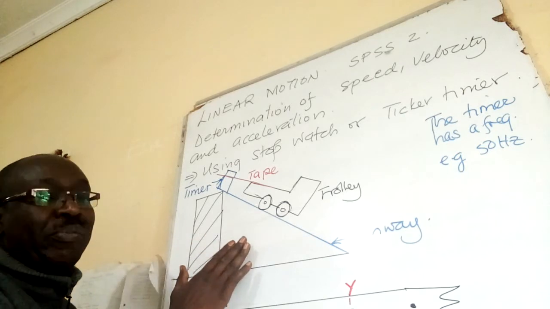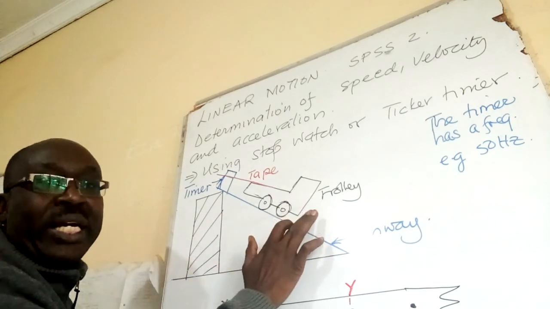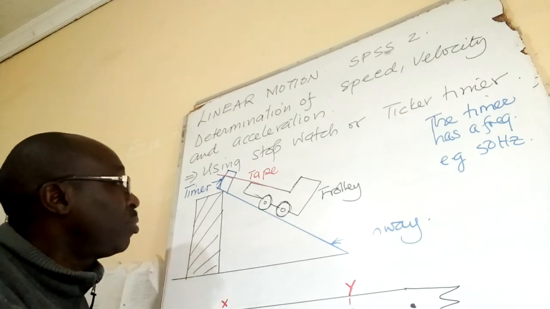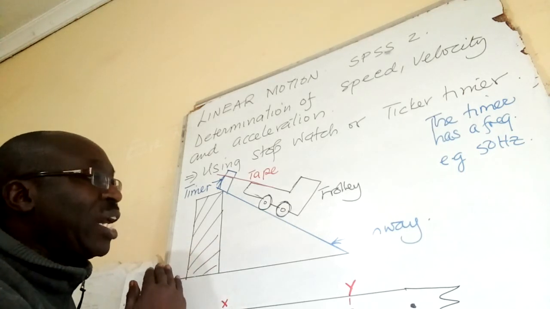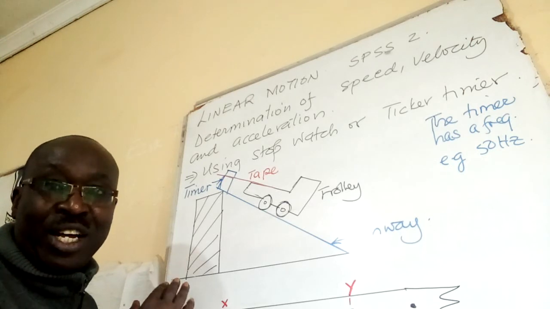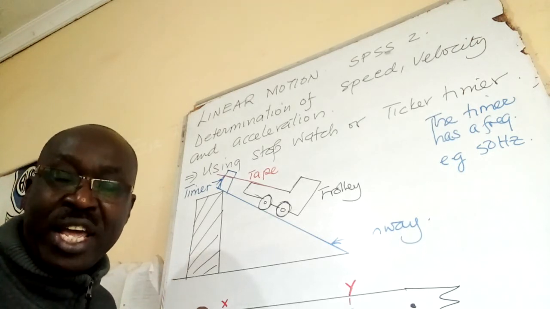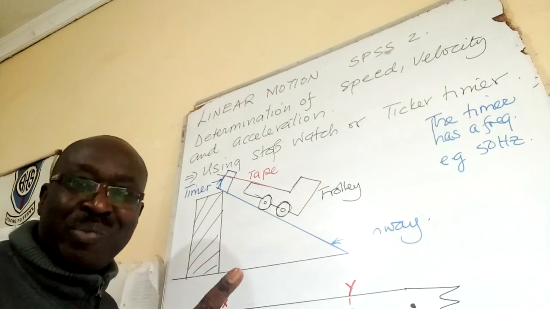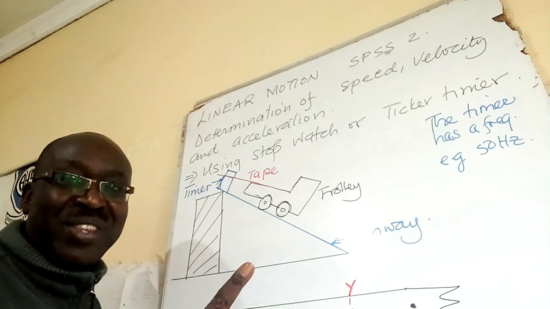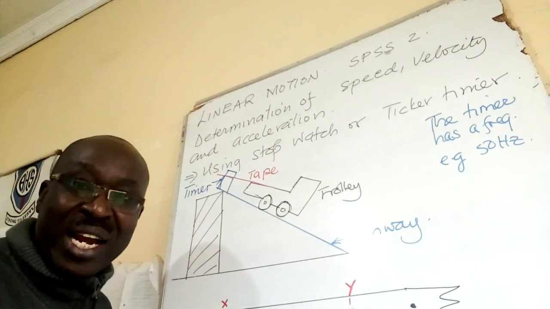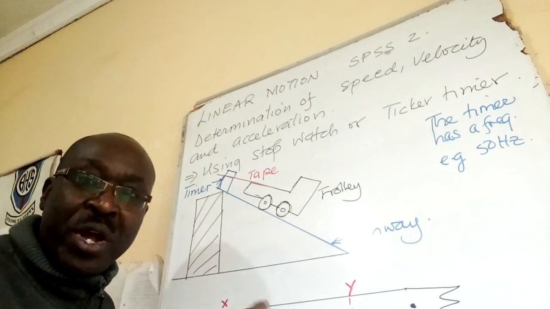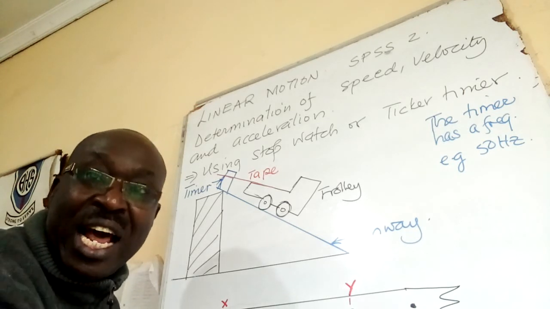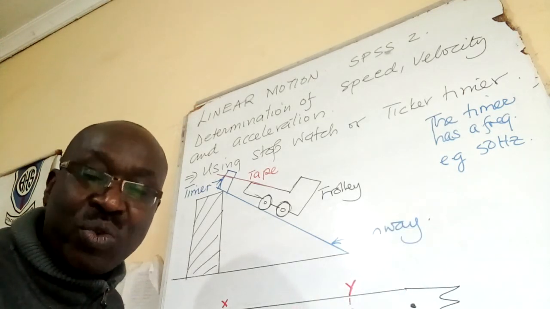Now, a ticker timer is just a trolley which has a tape, and we put it on an inclined plane to have a runway which is free from any push. Remember, in the airport we have things like a runway, where an aeroplane with the thrust from the engine can now move along the runway.